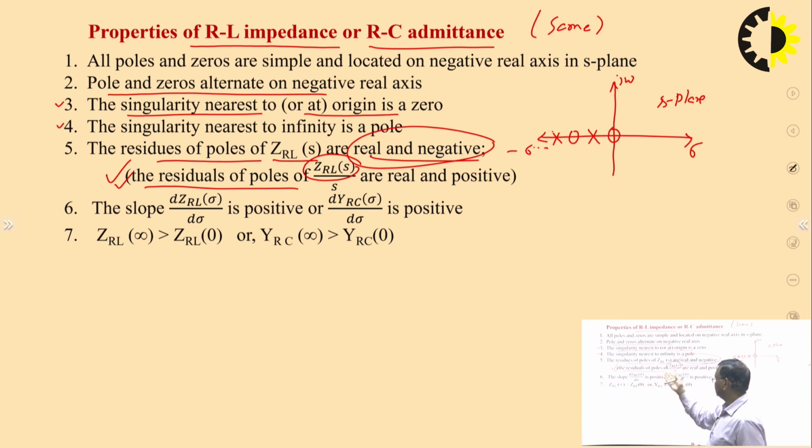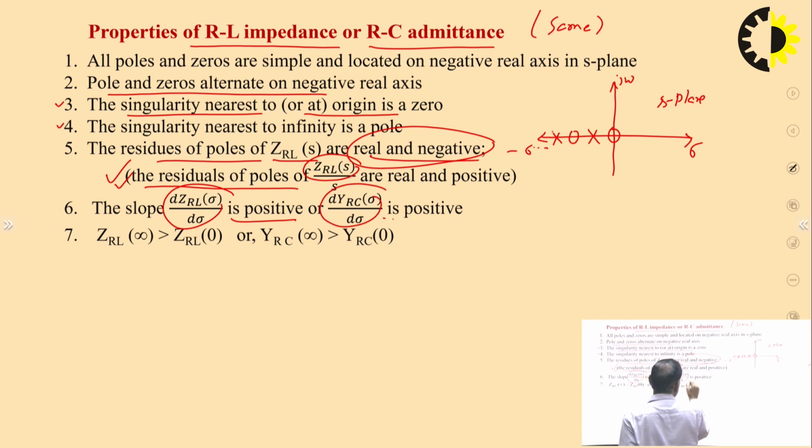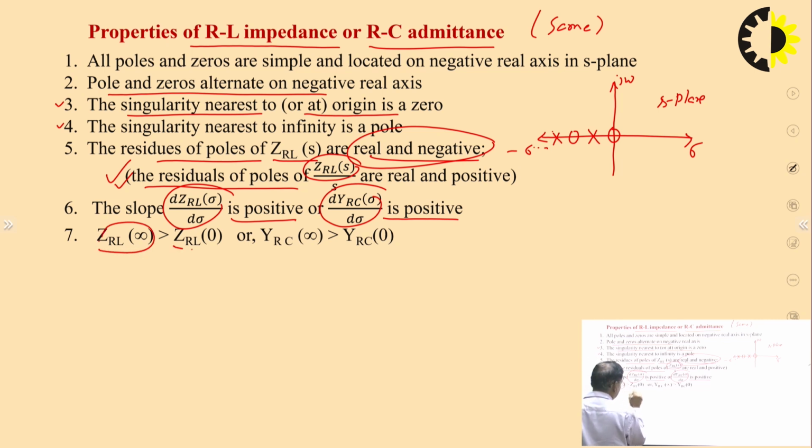So what we do, just divide the function by s and then carry out the partial fraction expansion. The sixth point is slope of ZRL is positive, or you can say the YRC is positive. And the seventh is ZRL at s equal to infinity is greater than ZRL at s equal to 0. If these all 7 properties are satisfied, then the given function is either RL impedance or RC admittance.